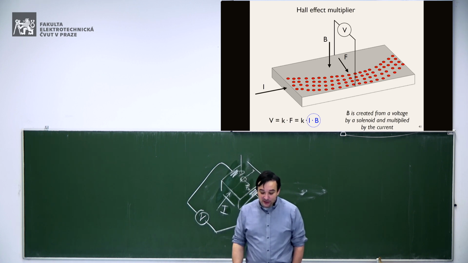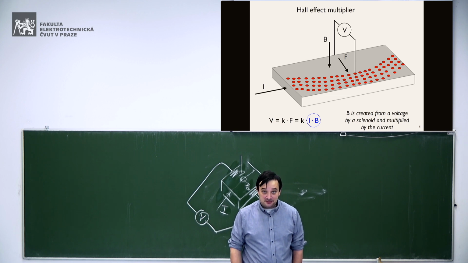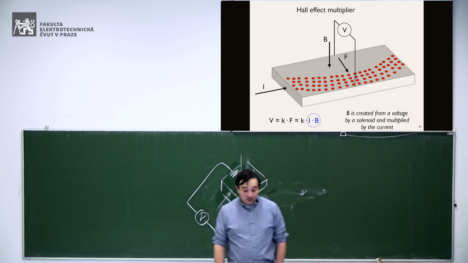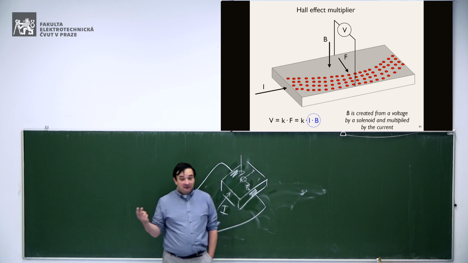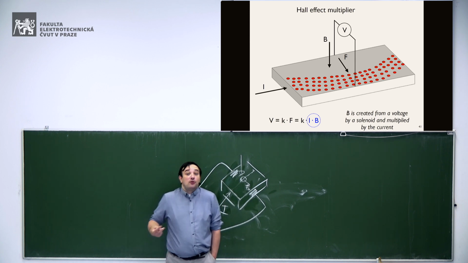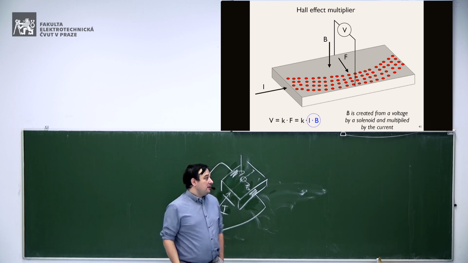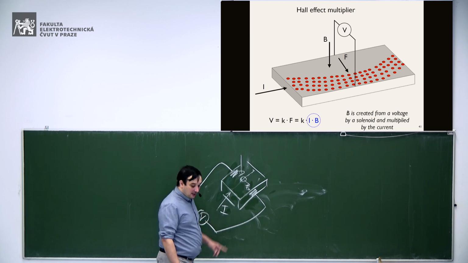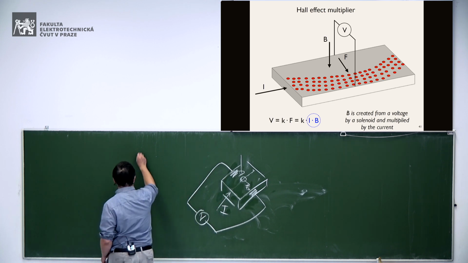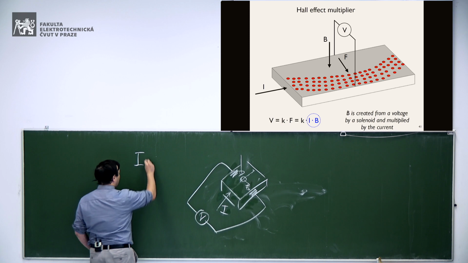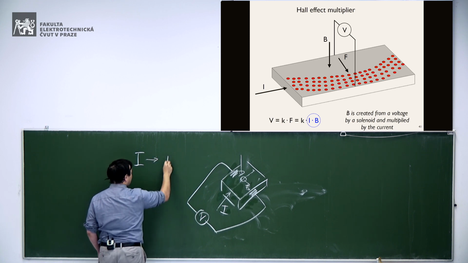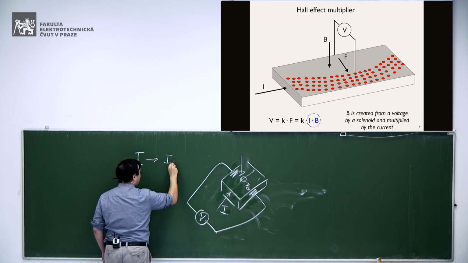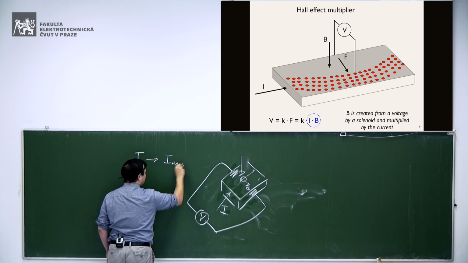In this case, we use it to multiply two signals. How? Well, we have to multiply voltage and the current in order to compute the power, right? So, one signal will be used, so the current will be used to generate the current in the Hall effect sensor.